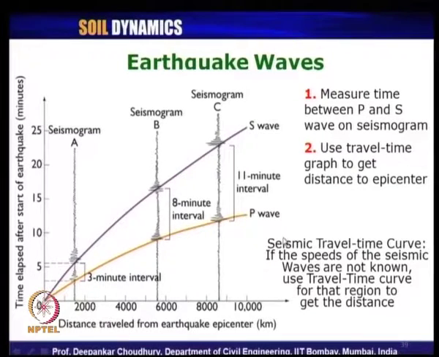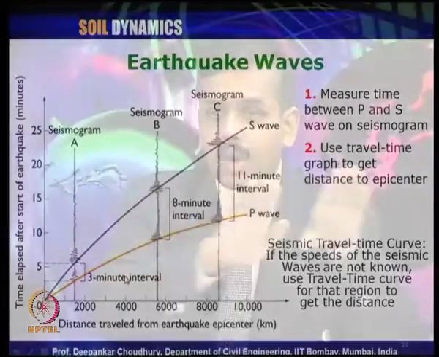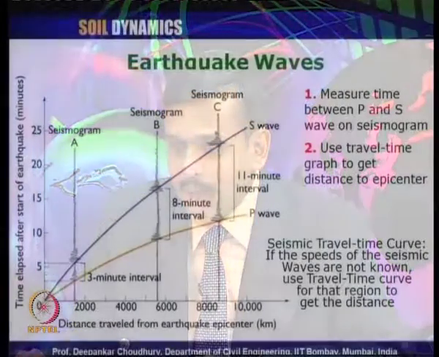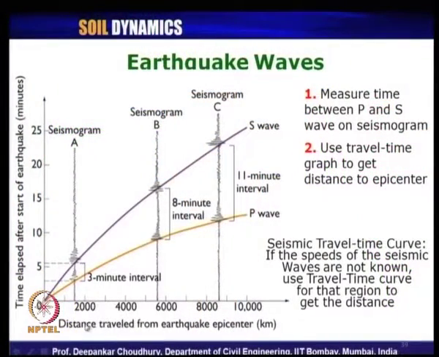That can be easily done by changing the positions of those seismograms and their distances. If you slide them over the paper, at which location do they follow a continuous pattern of movement from time elapsed after the start of the earthquake to distance of the earthquake epicenter?